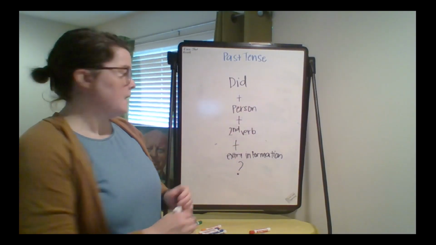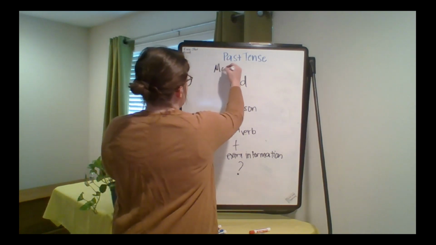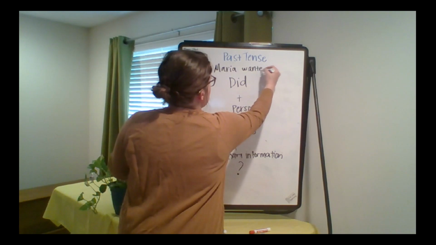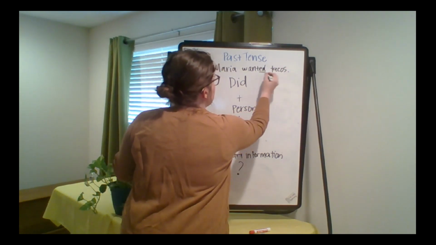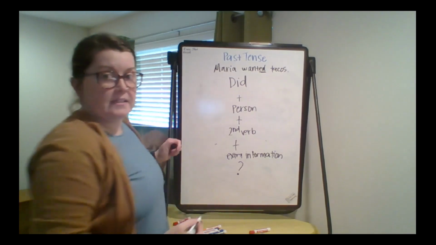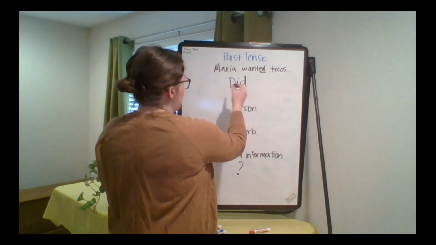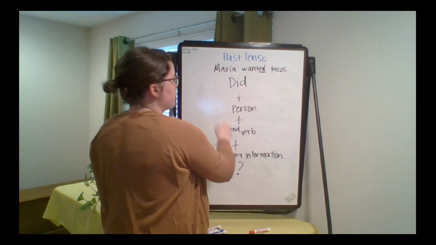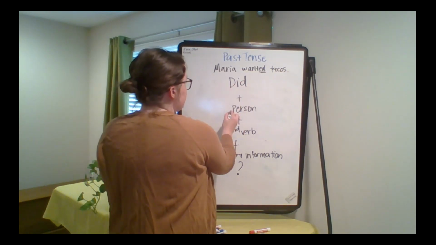Okay? So let's say Maria wanted tacos. Wanted, look, regular has the ED, right? So Maria wanted tacos. This is a past tense verb, so we need a past tense question. So did, who's the person?